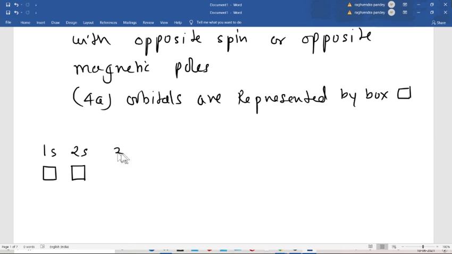Then is your 2p. Now p has 3, so I am writing pz, px, py. There is no sequence of writing this because they are all degenerate. They have the same energy.